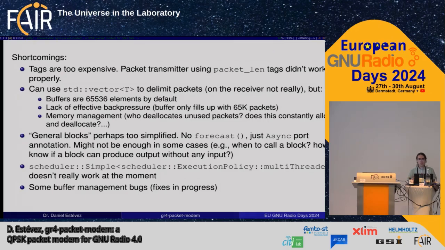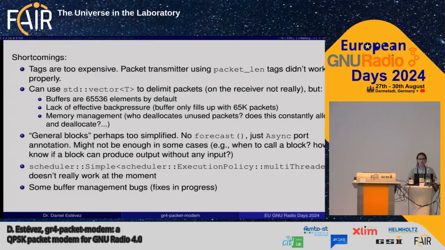There are some maybe not nice things with that. So by default, you get buffers which are 65K elements, and maybe you don't want to have 65,000 whole packets in your buffer. You could have smaller buffers, I understand, like even 2 elements in the buffer.